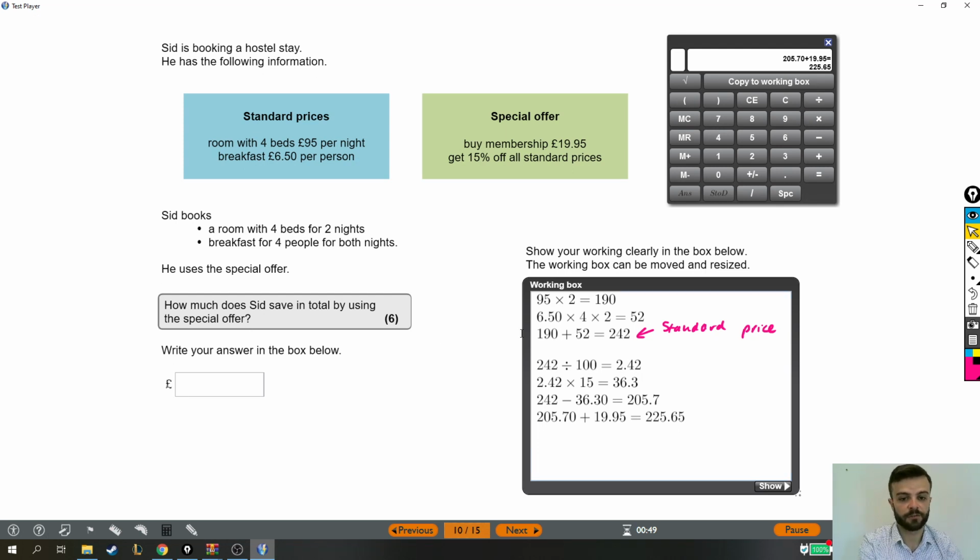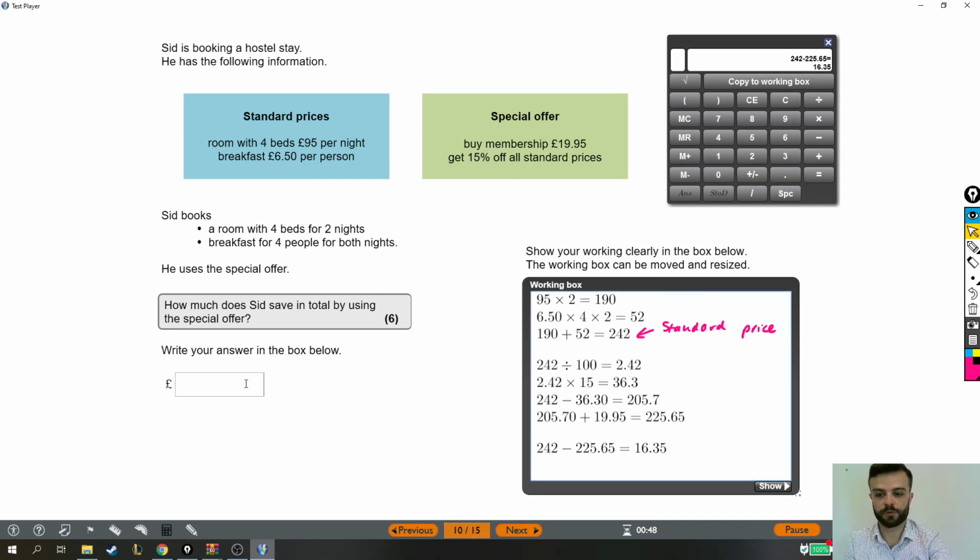So to work out how much he saves, the only last thing we need to do is to take the standard price and subtract the lower price to find the difference between them. That's how much he saves. So in other words, we take the standard price, £242, and we subtract the lower price to find the difference between them, and that is how much he's saved.